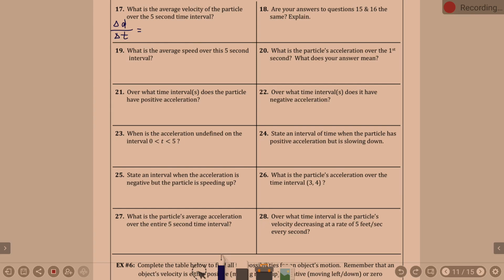Nope, it's the -7.5, because total distance is 22.5. Change in distance is, okay, I start here, I move forward some, I move backward some, I move forward some more, okay, here's where I ended. How far from point A to point B? Not all the extra junk in between. So our change in distance was -7.5 divided by 5.